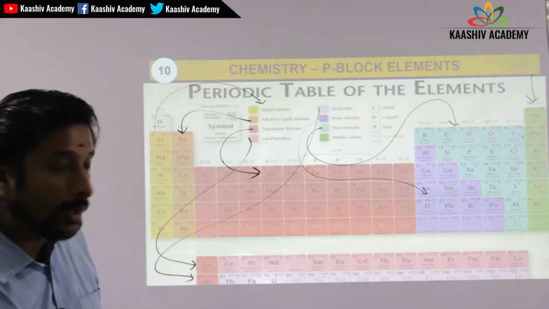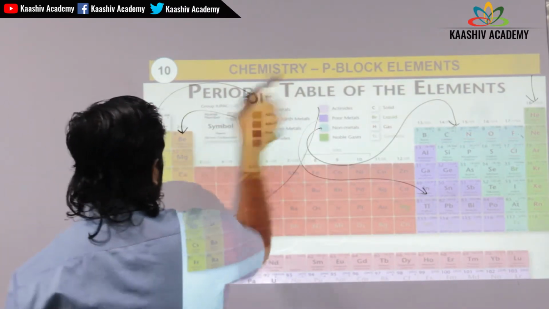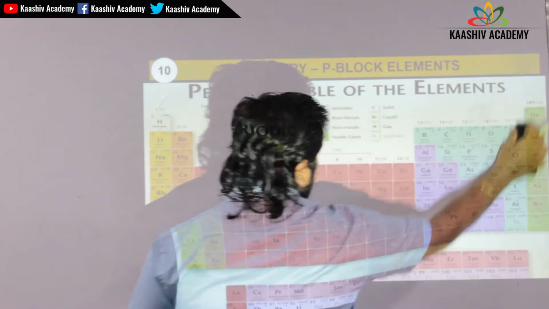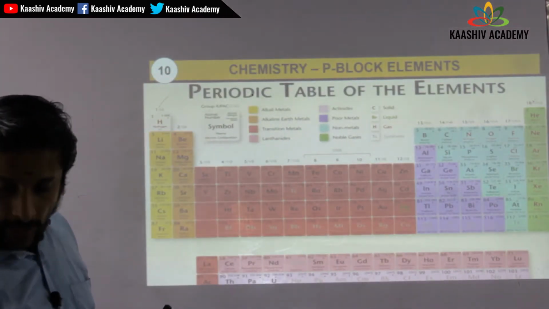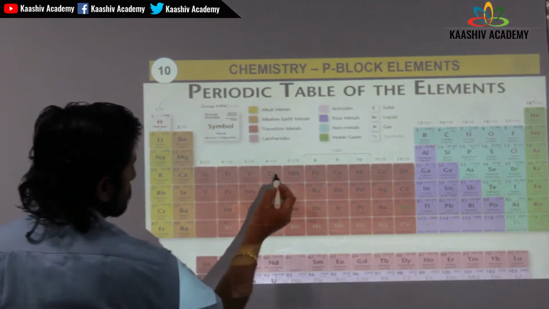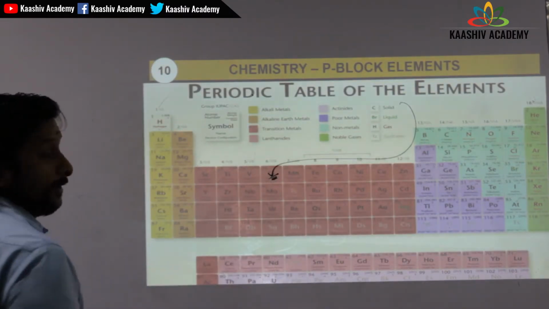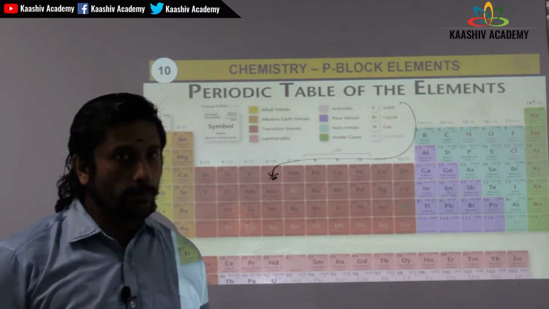This is how the type of metals are available and how it exists. So this is the final one I'm going to show you how it exists. The element with the black color indicates it exists in the form of solid. It's very important, you should make a note of it.